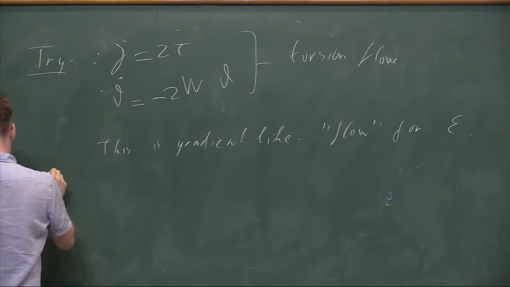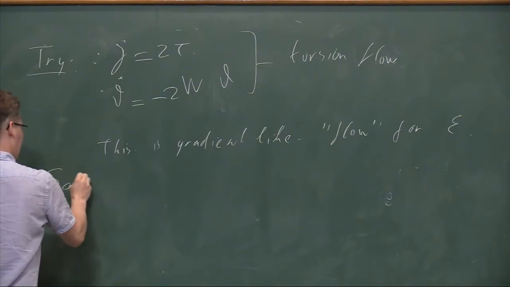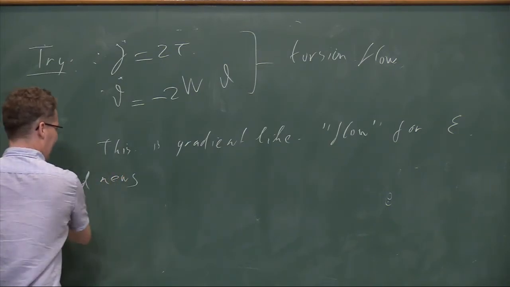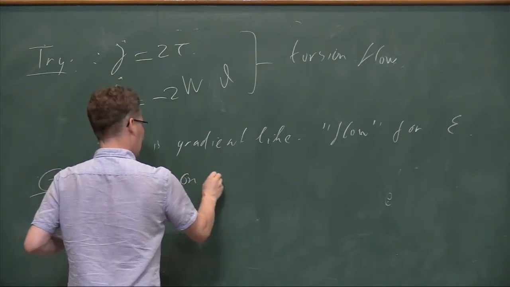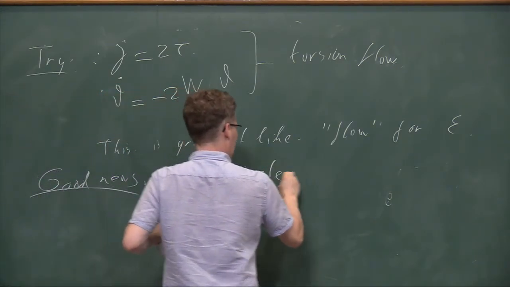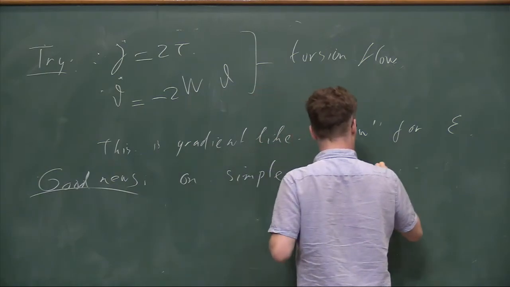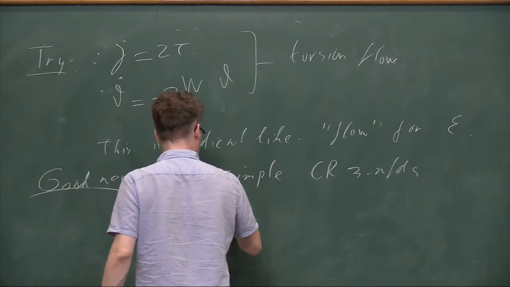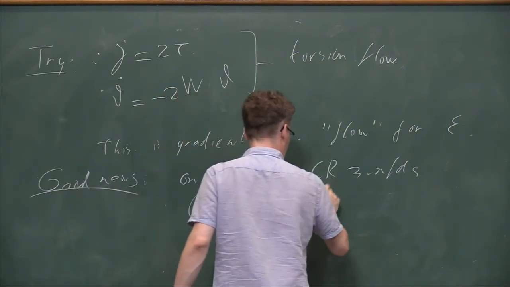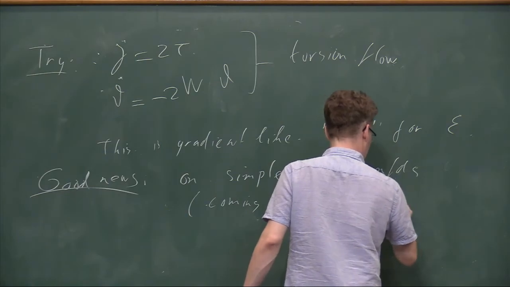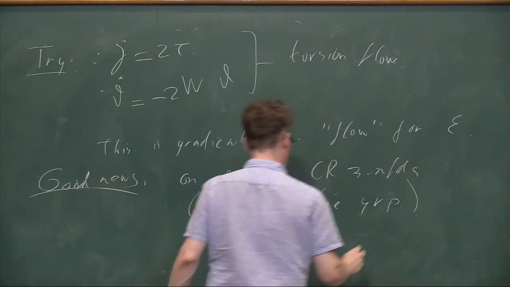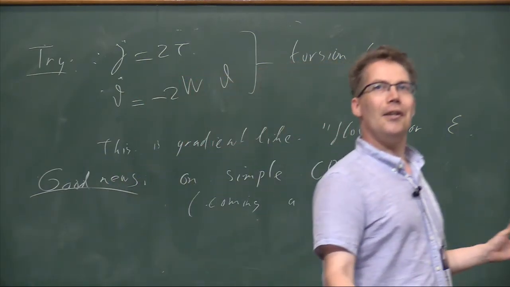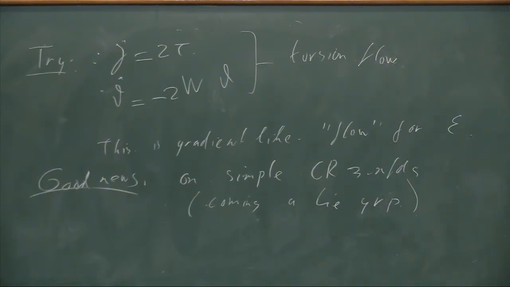So now, first the good news, on simple CR 3-manifolds. What does this mean? This means coming from a Lie group, for example. If you have a Lie group, then you can define your contact structure and CR structure in a very simple way. You just define it at one point, and then you use the Lie group action to define it everywhere.